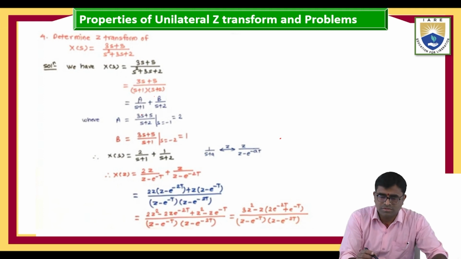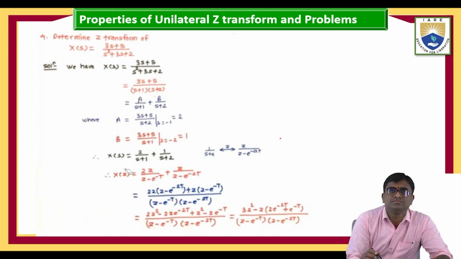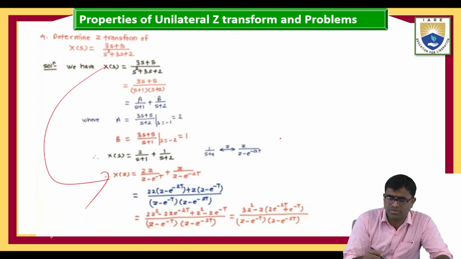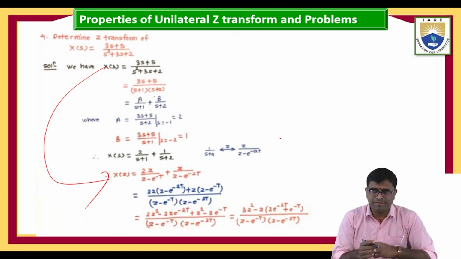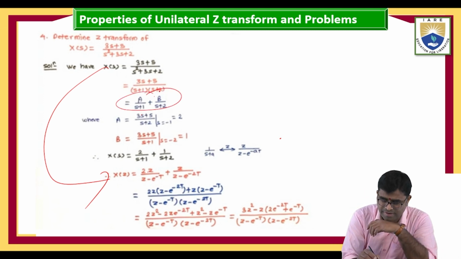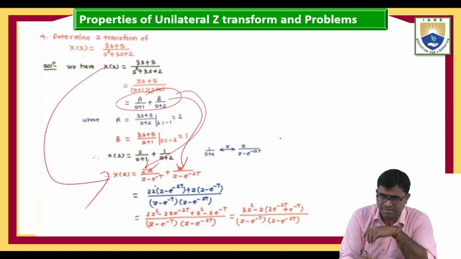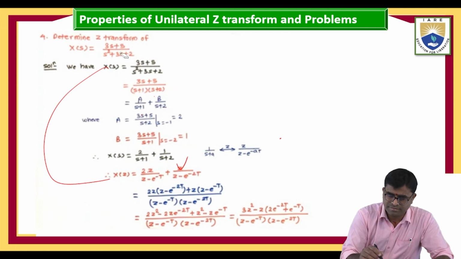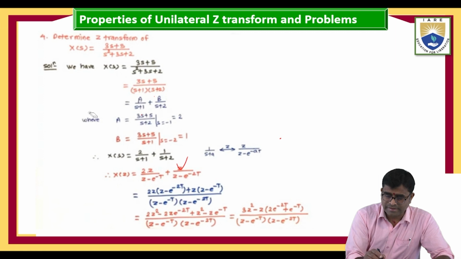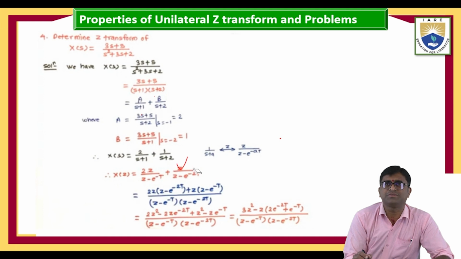Now substitute here: the A value is 2, and substitute the B value here, then apply the Z transform. X of s equal to 2 by s plus 1 plus 1 by s plus 2. So apply the Z transform now.